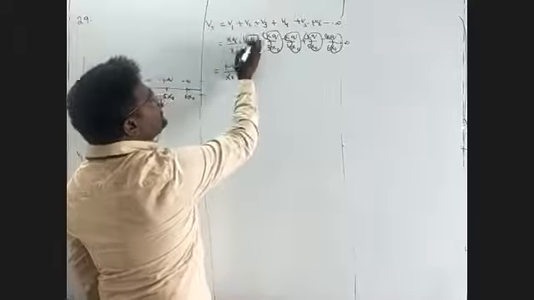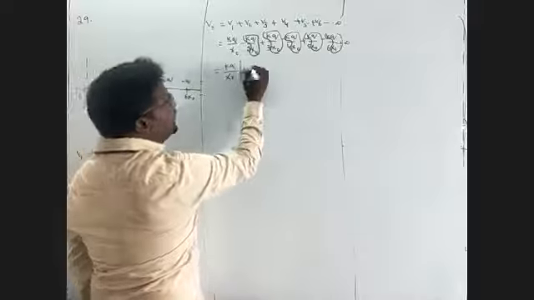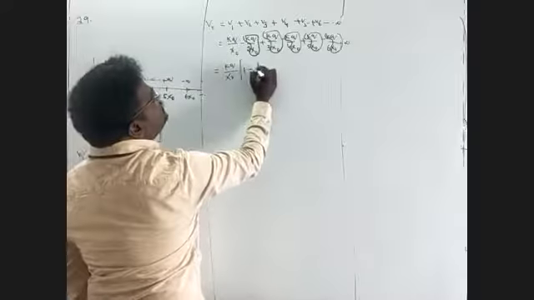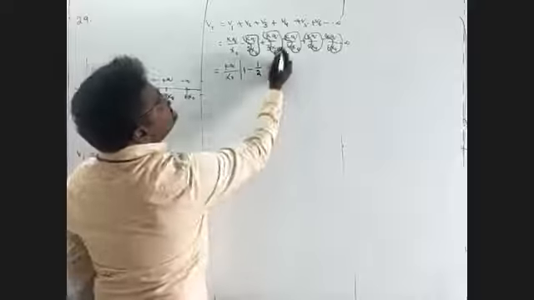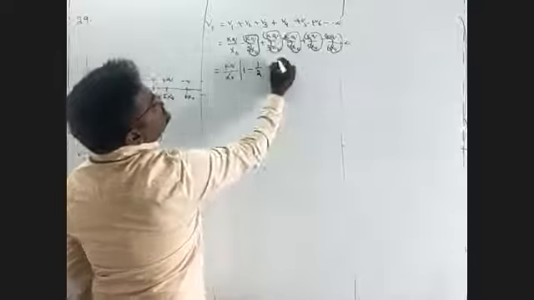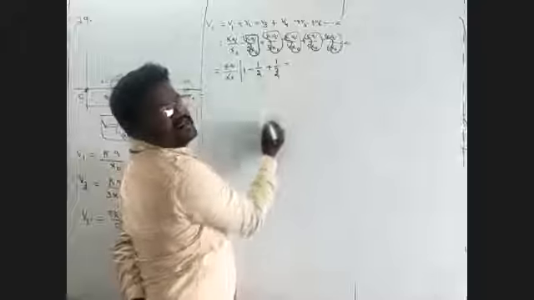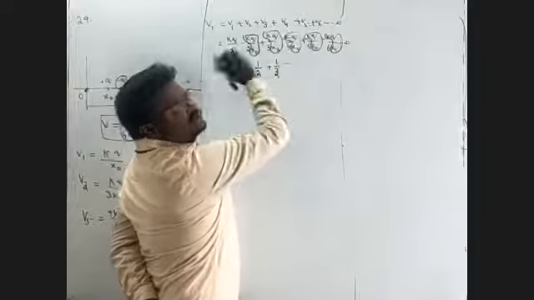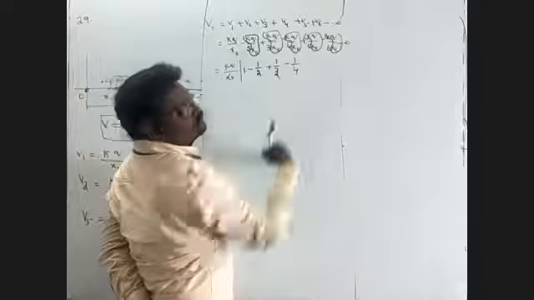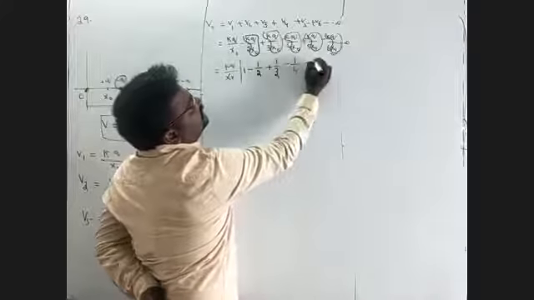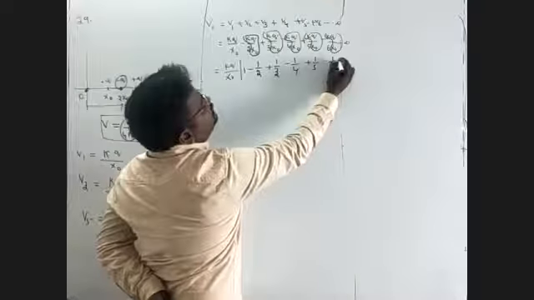The remaining values are 1 minus 1 by 2 plus 1 by 3 minus 1 by 4 plus 1 by 5 minus 1 by 6 plus and so on.